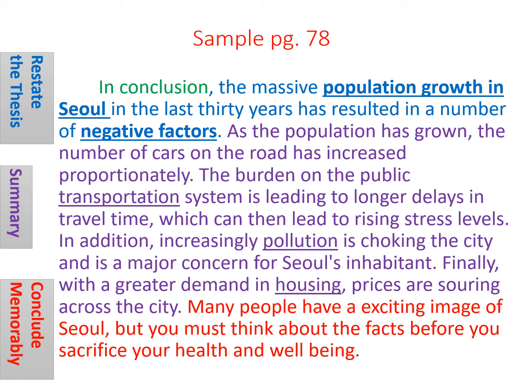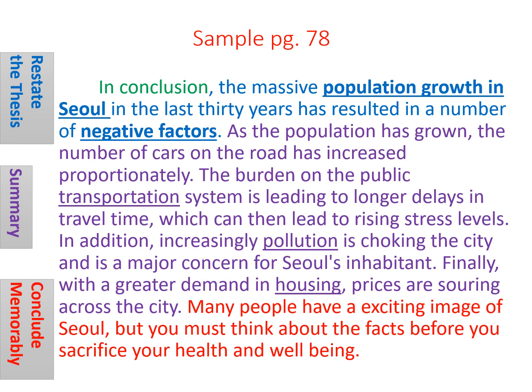In addition, increasing pollution is choking the city and is a major concern for Seoul's inhabitants. Finally, with a greater demand in housing, prices are soaring across the city. Now, if you look at the summary, there's no statistics actually here. There's not a lot of really big facts or anything like that. All it is stating is what my main ideas were, what my three main supporting ideas to my thesis statement were.